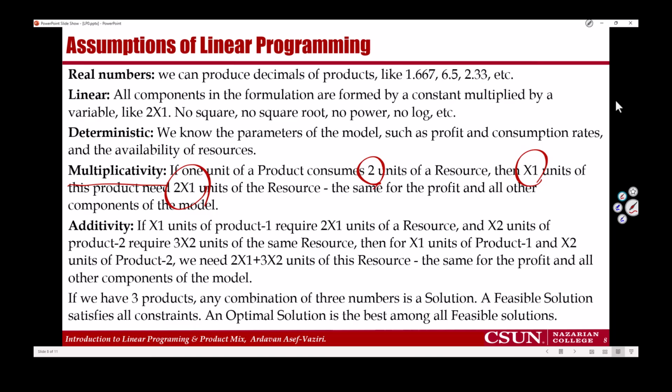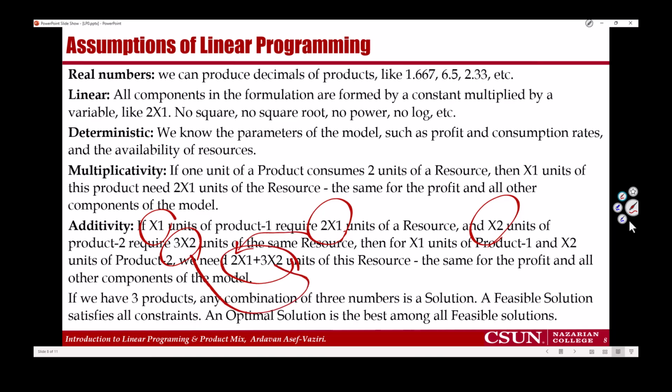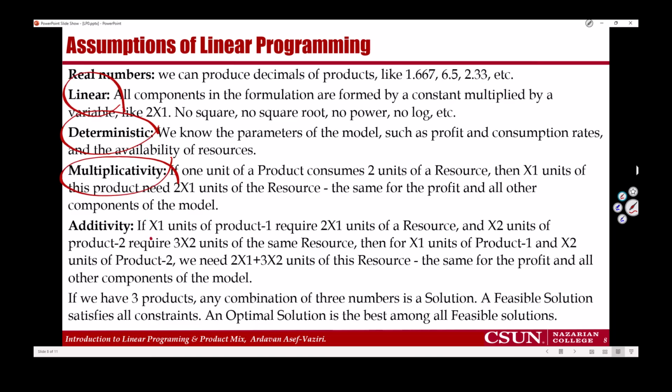No economy of scale. Additivity: if x1 units of product 1 require 2x1 of a resource, and x2 units of product 2 require 3x2 units of that resource, these two products together require 2x1 plus 3x2 of that resource. Linear, deterministic, multiplicativity, and additive.